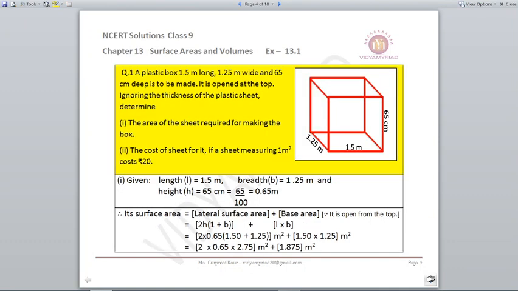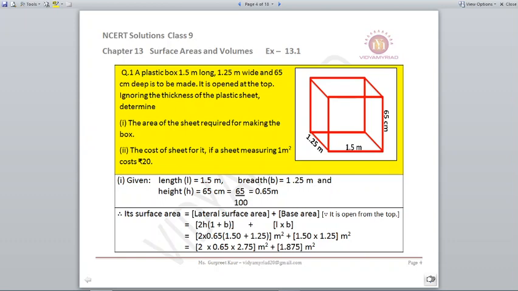Let's begin with question number 1. A plastic box given as 1.5 meter long, 1.25 meter wide and 65 centimeters deep is to be made. Now remember one thing, all the units should be the same. You have length given as 1.5 meters.